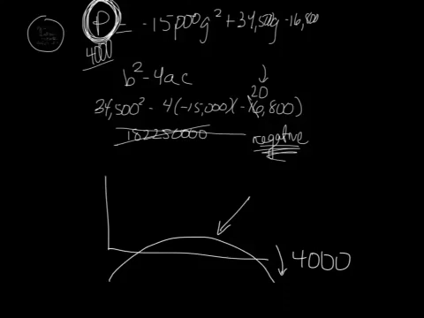Because to solve a quadratic is different than a linear. If I wanted to know if it was 4,000 with a linear, I would simply draw a line at 4,000. But with a quadratic, this 4,000 line needs to become our new x-axis. So I move the entire graph down 4,000 by subtracting 4,000. And that's what has occurred. That's why we can figure out the solution.